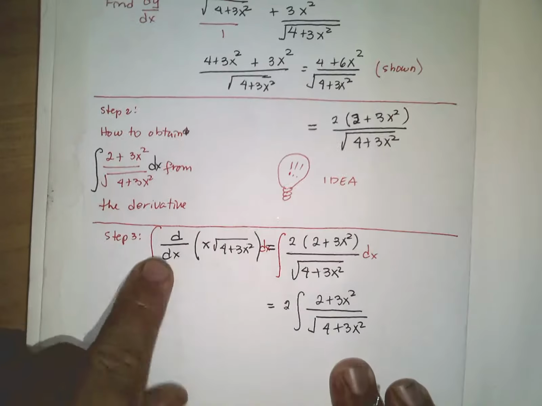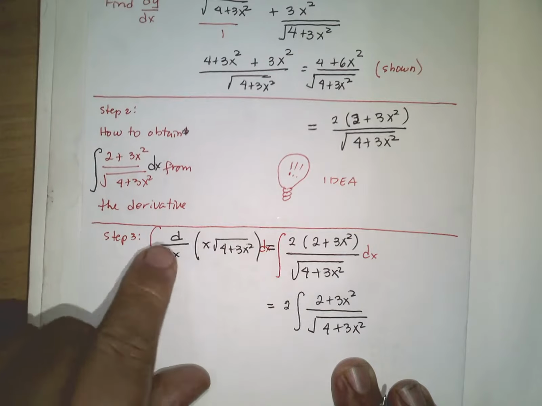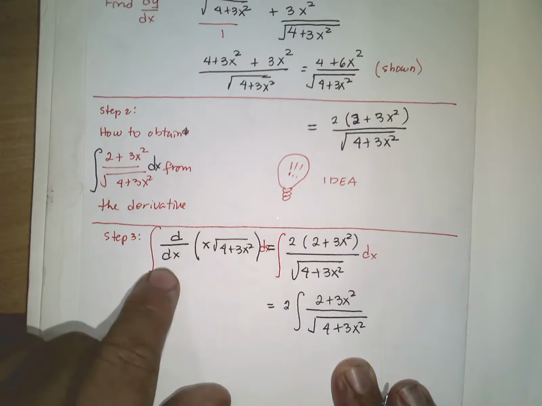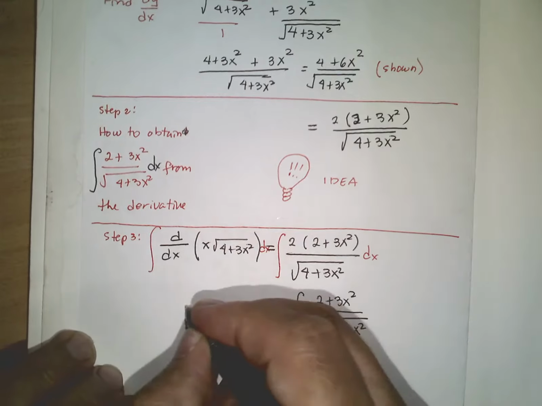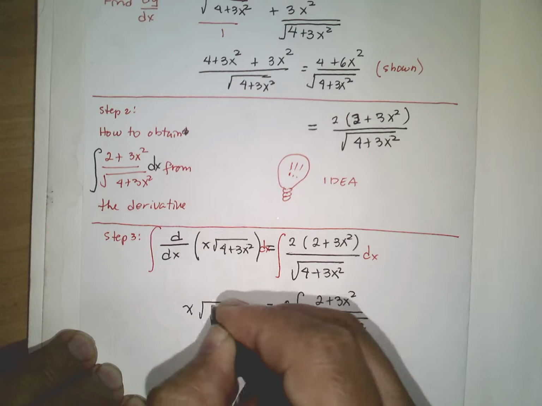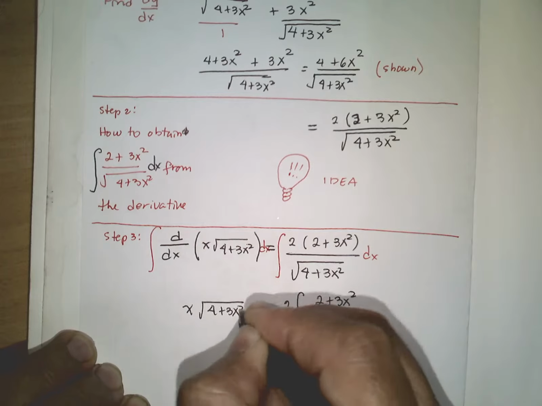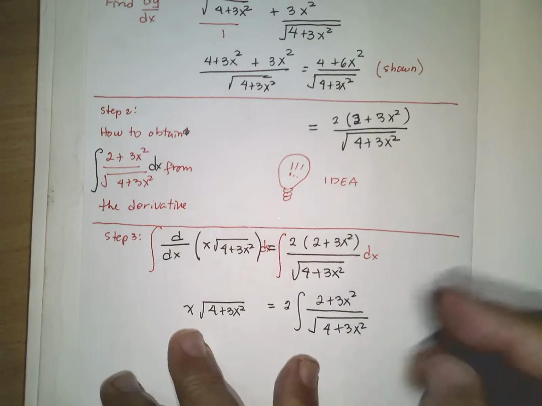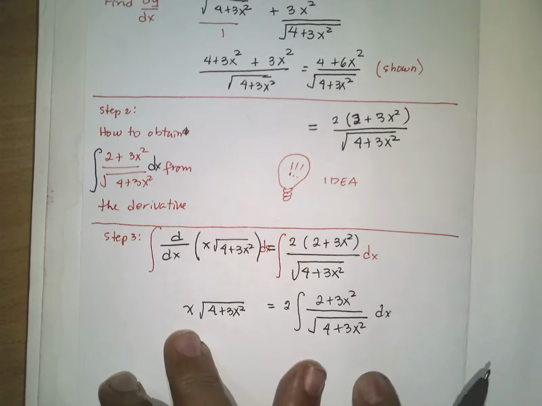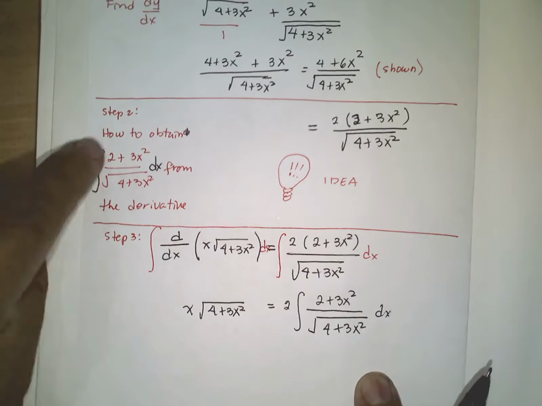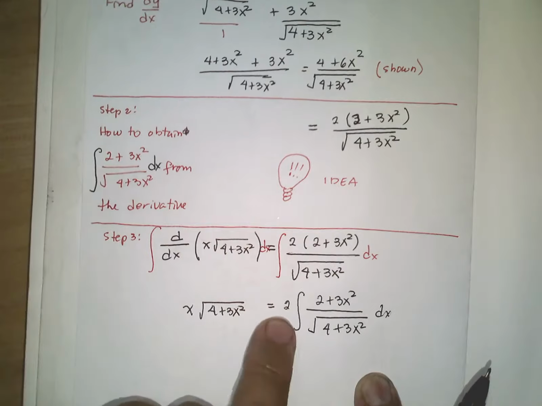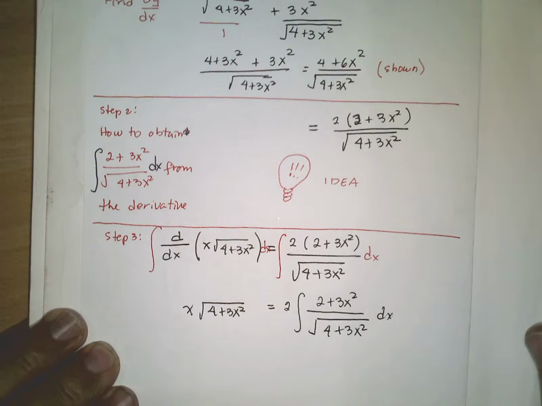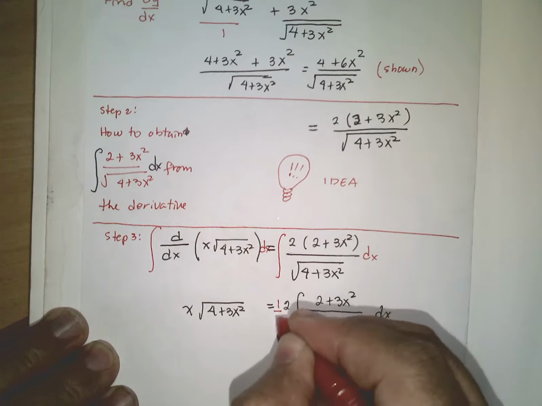Now, what is the integral of the derivative of the function? These two cancel each other out. So therefore, it is now equal to the function, x times the square root of 4 plus 3x squared. So this expression is equal to this with respect to x. But again, what we are looking for is only this expression without the 2. So we need to remove that 2 by multiplying each side by 1/2.